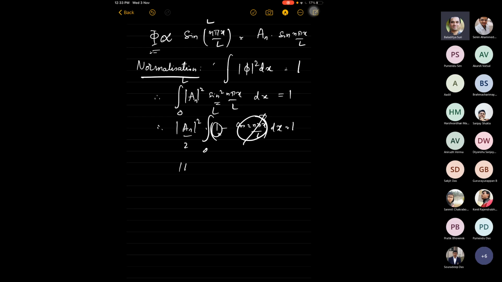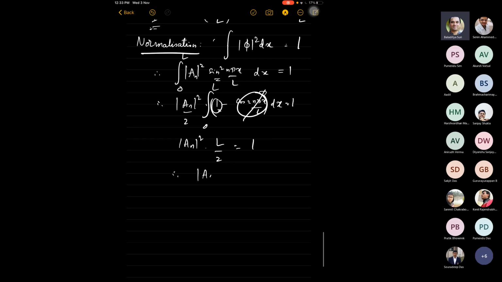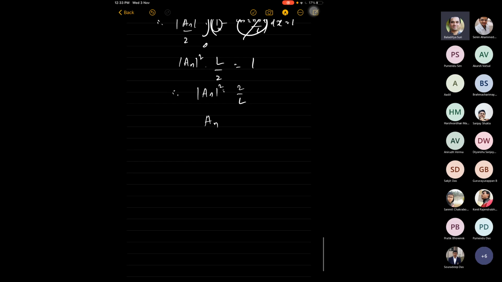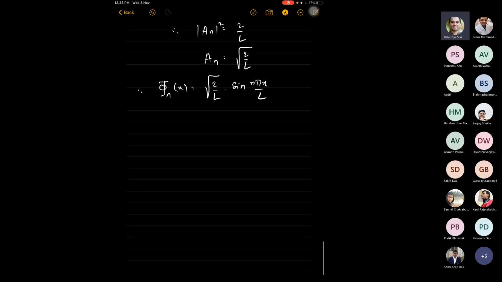Only the other term is non-zero. Therefore, mod an squared times L by 2 is 1, so mod an squared is just 2 by L. If you take an to be real, then an is just square root of 2 by L. Therefore, the basis functions for this problem are square root of 2 by L sine n pi x by L.